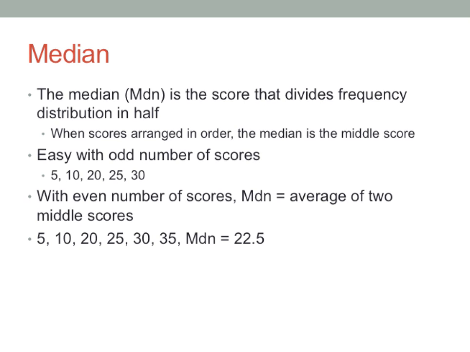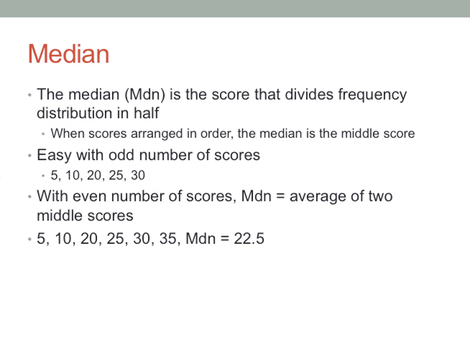So on the screen, you can see with odd numbers, this is pretty easy. So 5, 10, 20, 25, 30. Because these are in order, we don't have to reorder them. We can just say, okay, we don't need to worry about 5 or 30, 25, 10, 20 is the middle number. So the median in this group of numbers is 20.